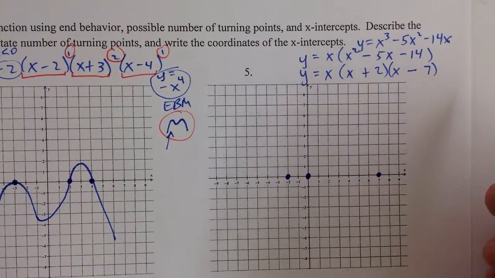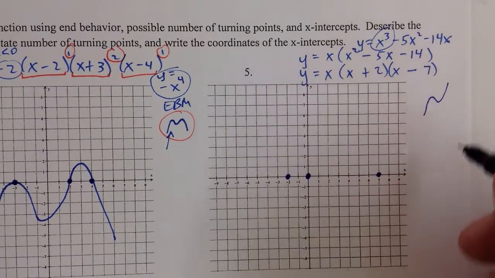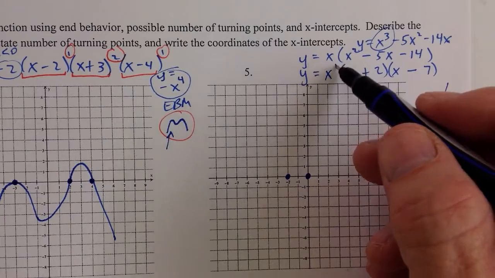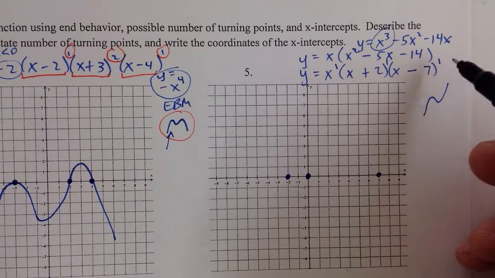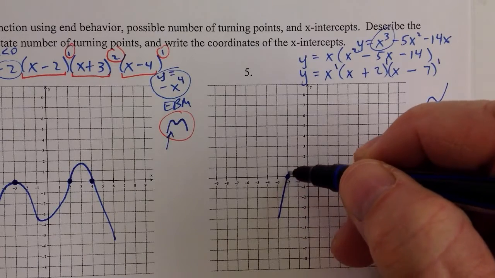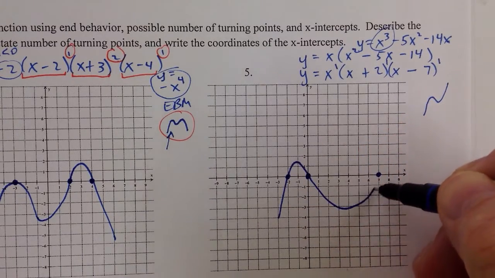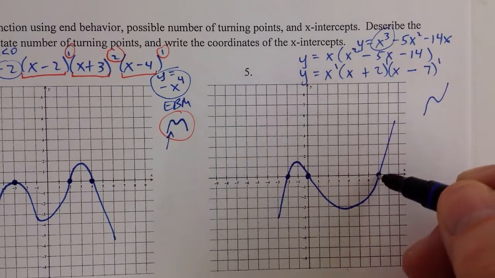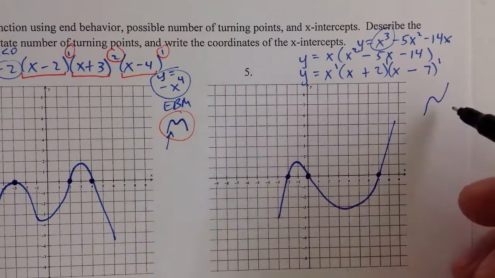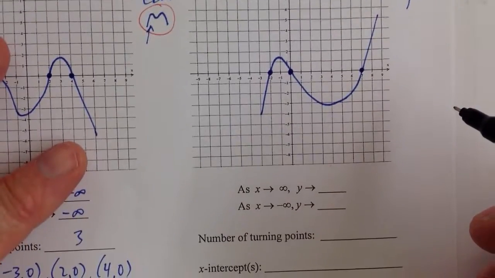And so we know that this is a third degree polynomial. The a is positive, so we know it goes up from left to right. Each one of these factors has a power of 1, so we go straight up through the first x-intercept, down through the second x-intercept, and up through the third x-intercept, and we have a graph that looks a lot like our end behavior model.